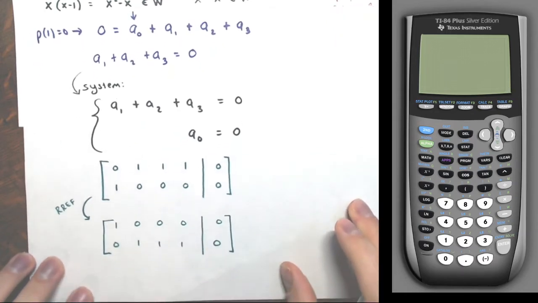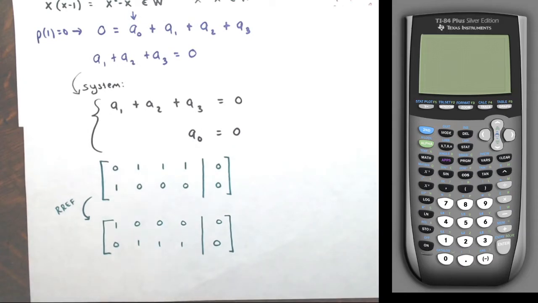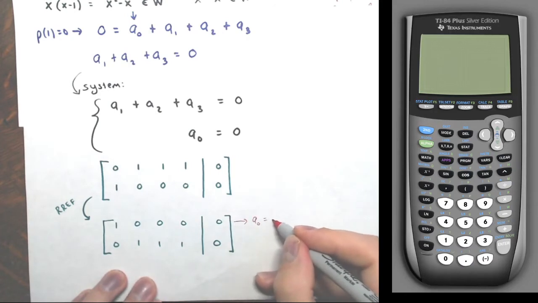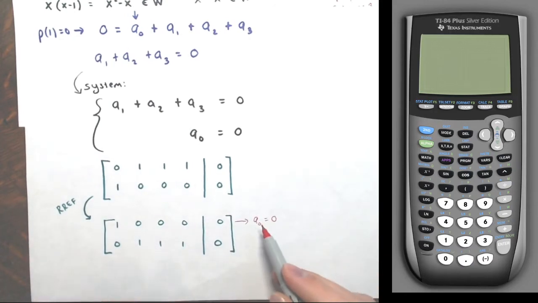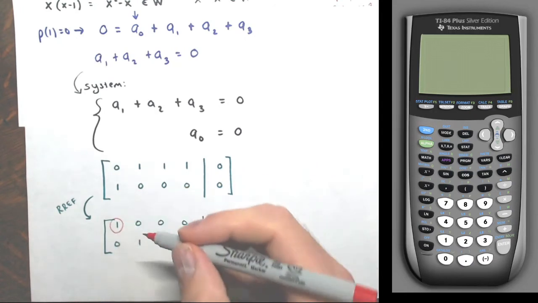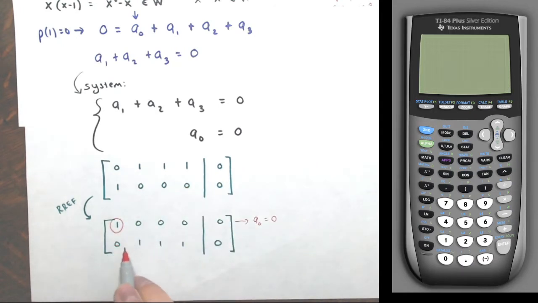Looking at this, that first row, we already know this, tells me the value of a0 is 0. I already mentioned that the constant term in any of these polynomials is going to be 0. And then looking at the pivot columns as well, this is a pivot, has a lead 1. This is a pivot, has a lead 1.